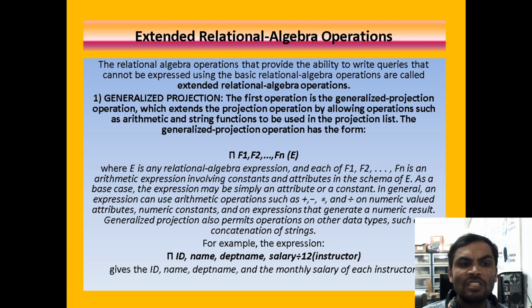Here you already know the projection symbol, pi F1, F2, up to Fn of E, where E is a relational algebra expression and each F1, F2 is an arithmetic expression. Under the arithmetic expression we have addition, subtraction, multiplication, and division. Those operators we can use in the selection statement under the generalized projection operator.